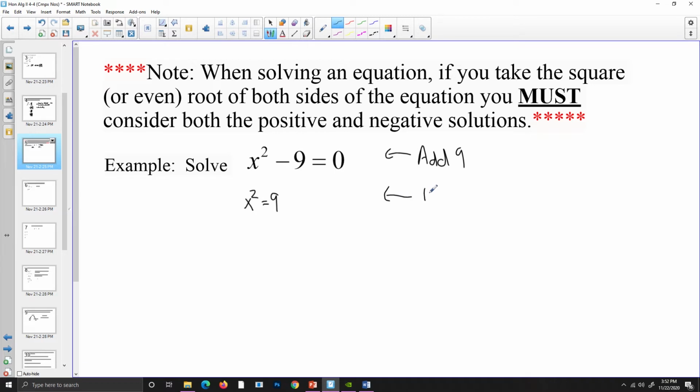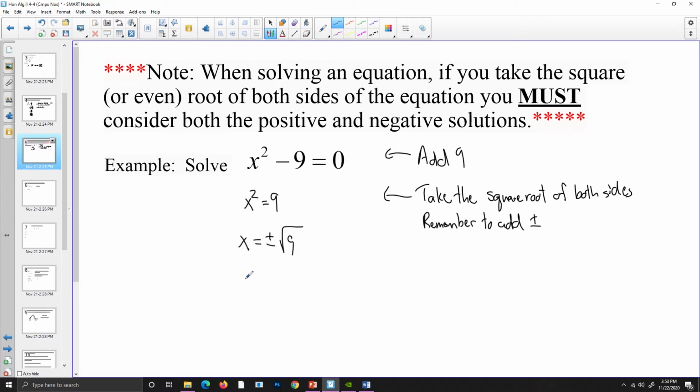Here I'm going to take the square root of both sides. And I need to remember to add plus or minus. So I've got x equals plus or minus the square root of 9, x equals plus or minus 3.